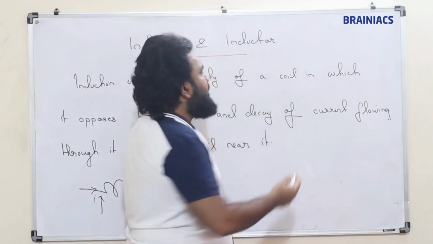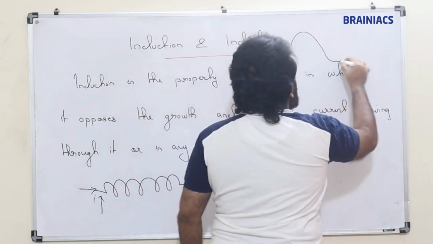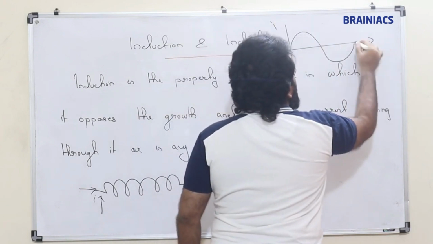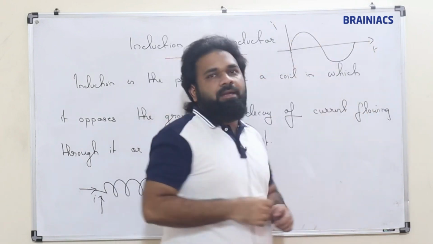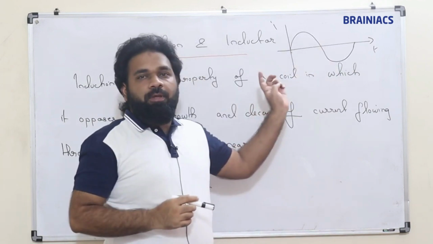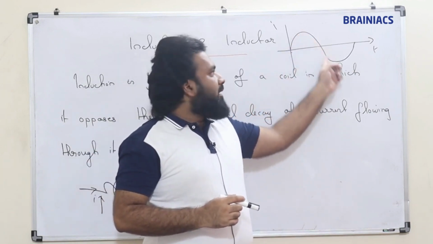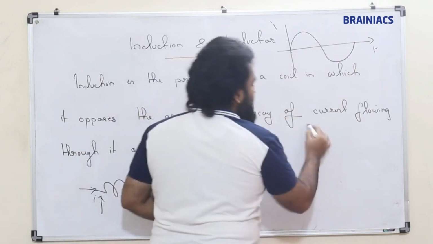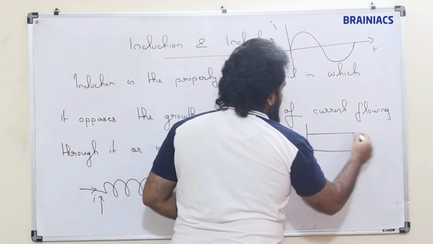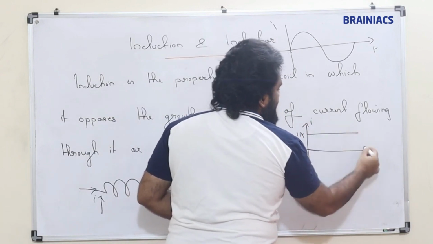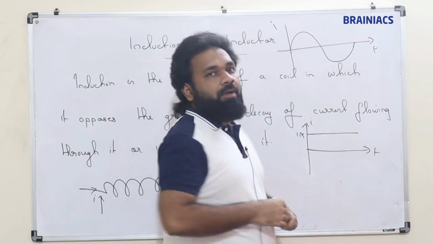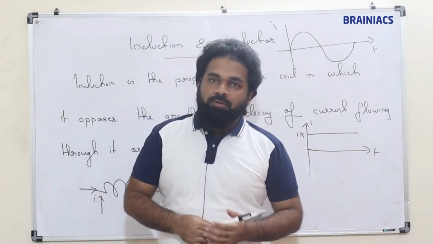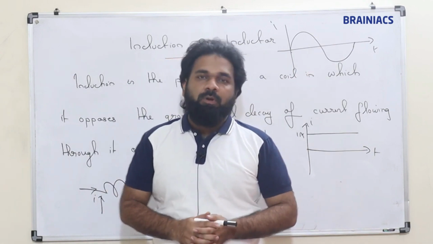One example is an AC signal, alternating current. The current grows and then decreases like that. This is a variable current. Suppose the current is 1 ampere steady, that is a constant current. So current can be varying or constant, anything is possible.